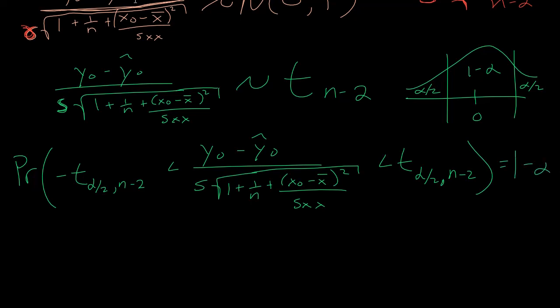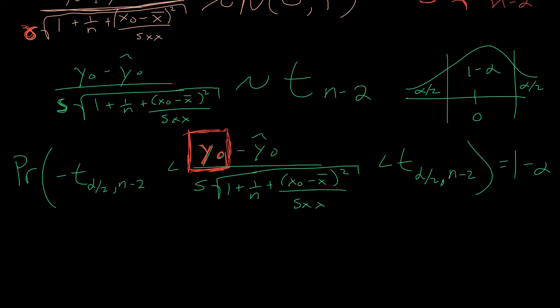And if I were to solve and rearrange this so that the value I don't know, the value of y naught, is isolated, so I solve this for y naught and keep that in the center, I'll get my prediction interval.